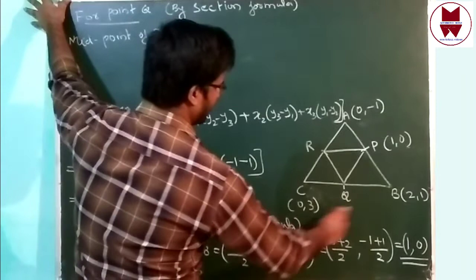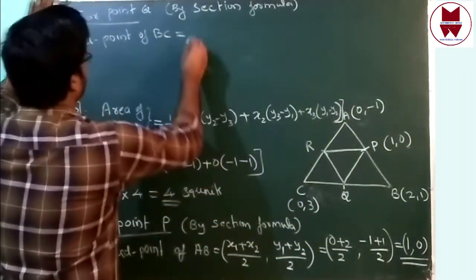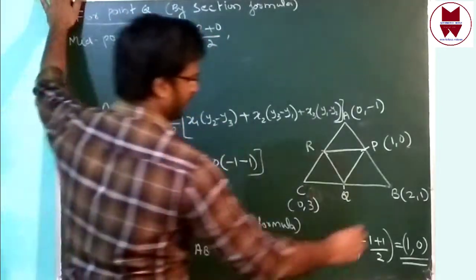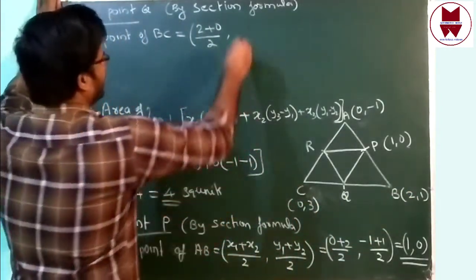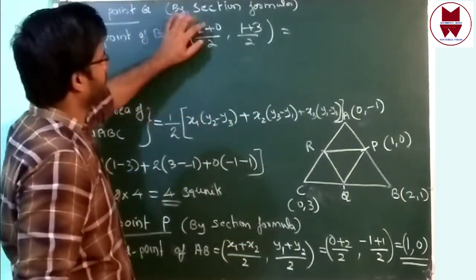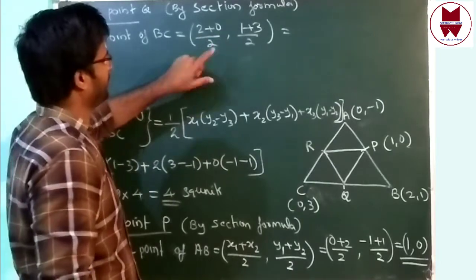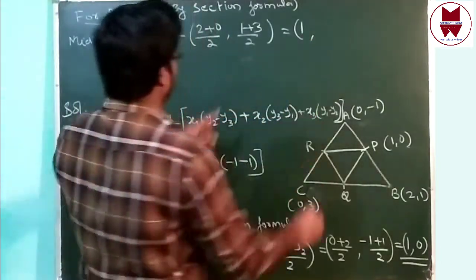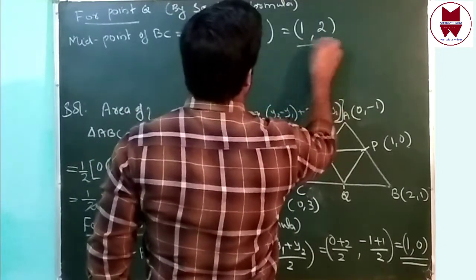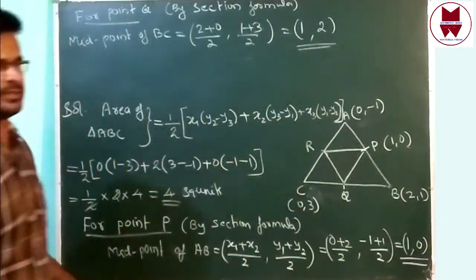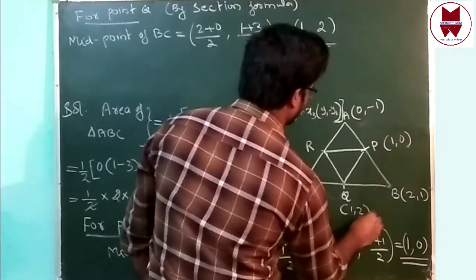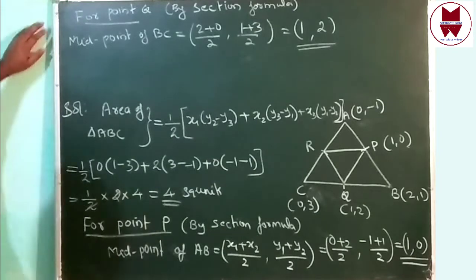Here x1 is 2 plus 0, 2 plus 0 divided by 2, then 1 plus 3 divided by 2, equals 2 divided by 2, you will get 1, then 1 plus 3, 4, 4 divided by 2, 2. We got the second point, Q is (1, 2).